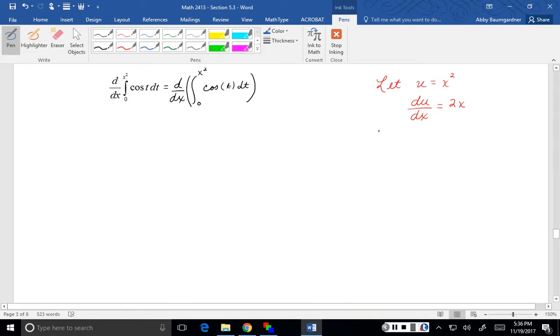Well, I could say suppose, just pretend, right? Suppose that y was equal to the definite integral.